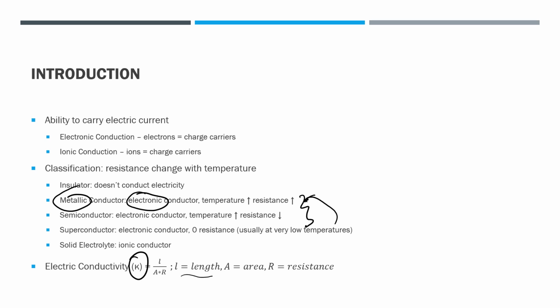Basically, as resistance goes up, conductivity goes down. As length goes up, conductivity goes up. And as area goes up, conductivity goes down. But this is just a formula. It's not super important. It's just how we quantify conductivity.